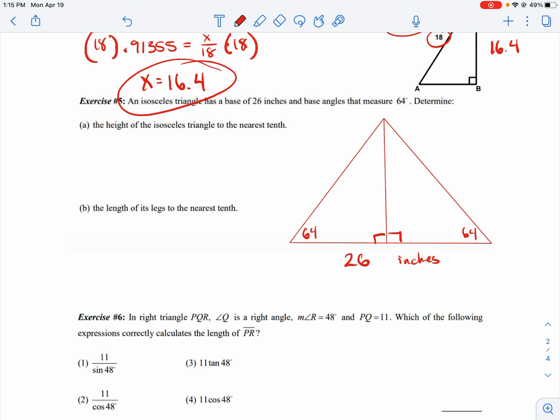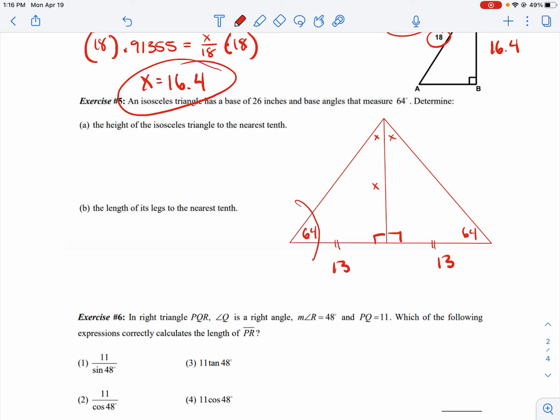The height not only bisects this angle up here, but it also bisects the base as well, which is very important, because if this whole piece down below is 26 inches, that means when we chop this in half, this will be 13 and this will be 13. Now we have everything we need, and we just need to find this missing piece right here.